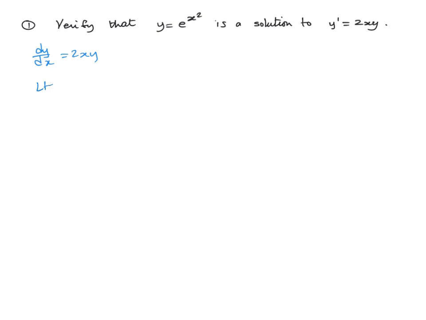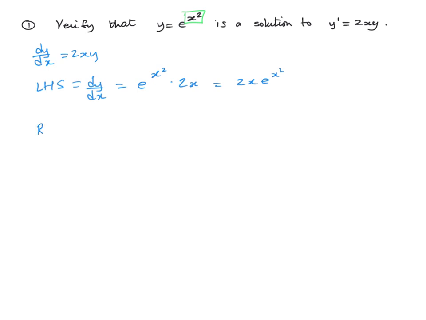So LHS equals dy dx. Well, using this function, I'm going to find dy dx. So the derivative of e to the x squared, this is a chain rule problem. So the derivative of e to the x squared is e to the x squared, and then times the derivative of the box, which is 2x. Or in other words, you can call it 2x e to the x squared.